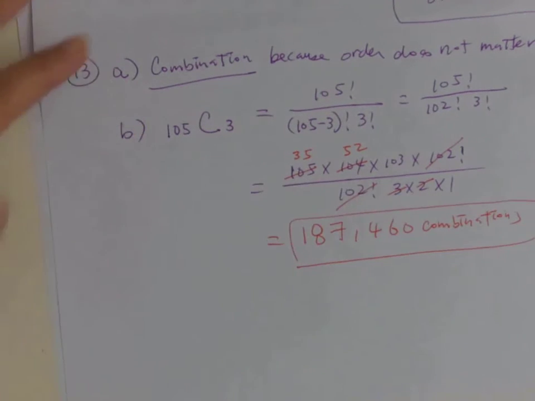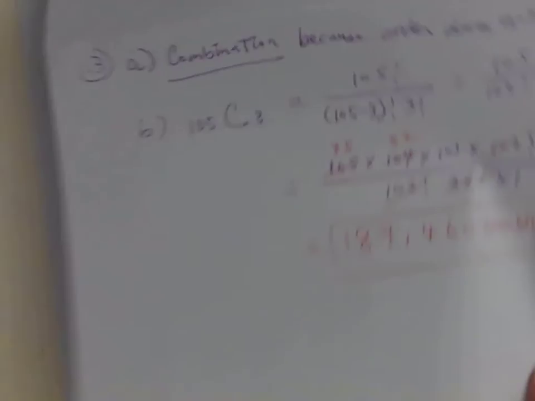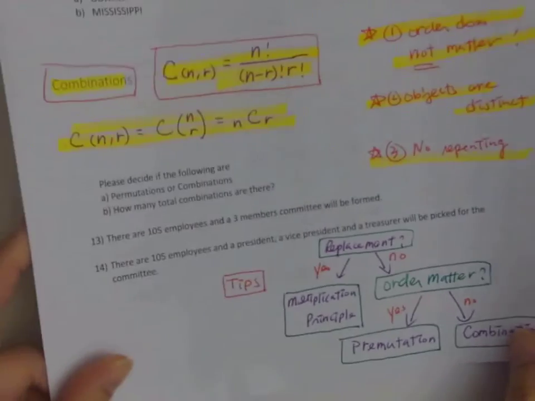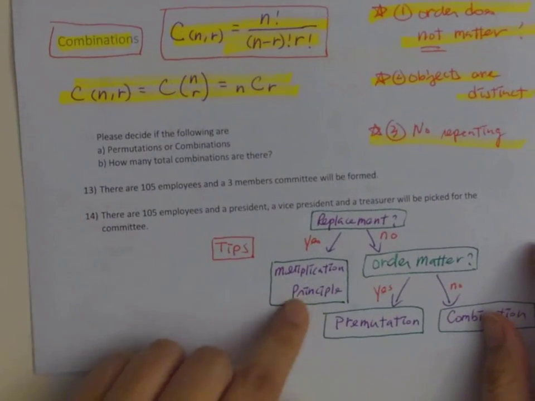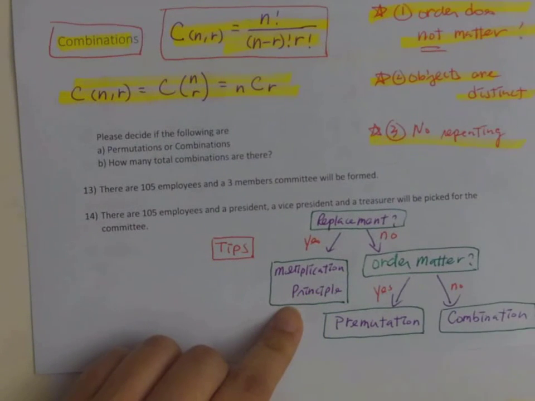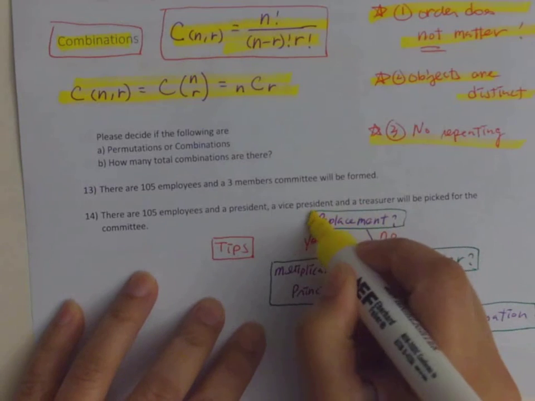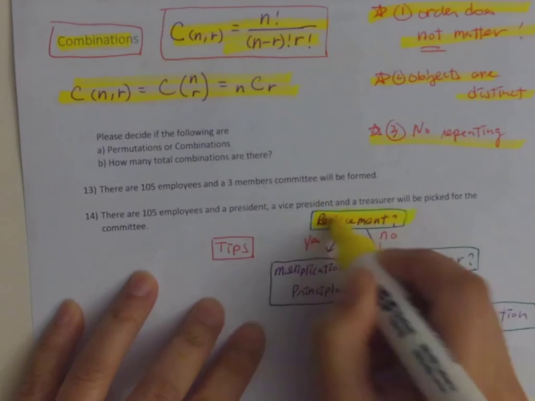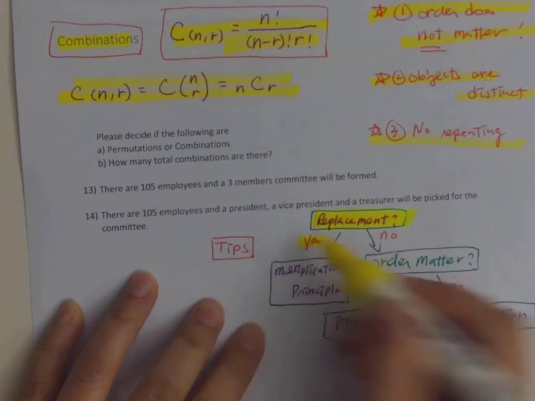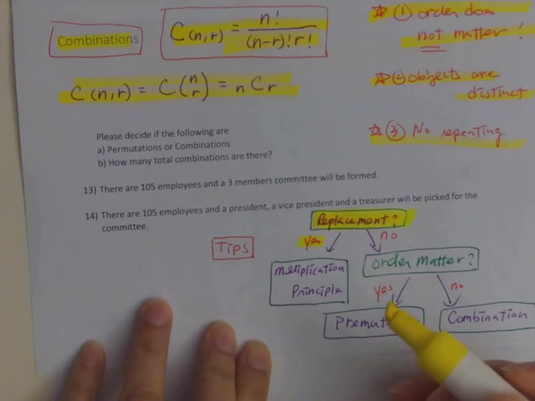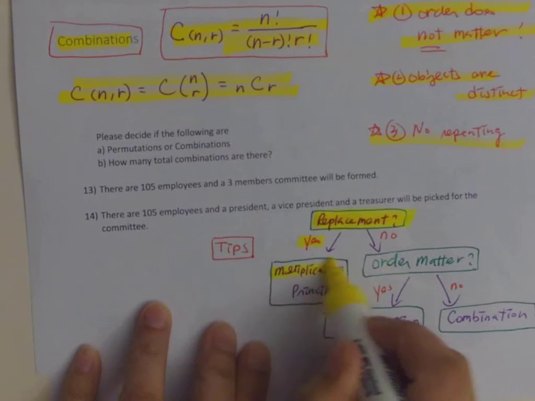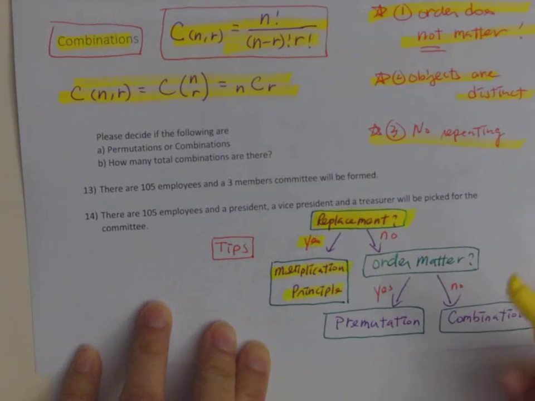Okay, all right. The very last part: sometimes students get confused. When do you use the counting method? When do you use permutation and combination? You need to ask yourself, is there any kind of replacement? If yes, like you can use the 10 digits again and again and again, then you just use the multiplication principle.